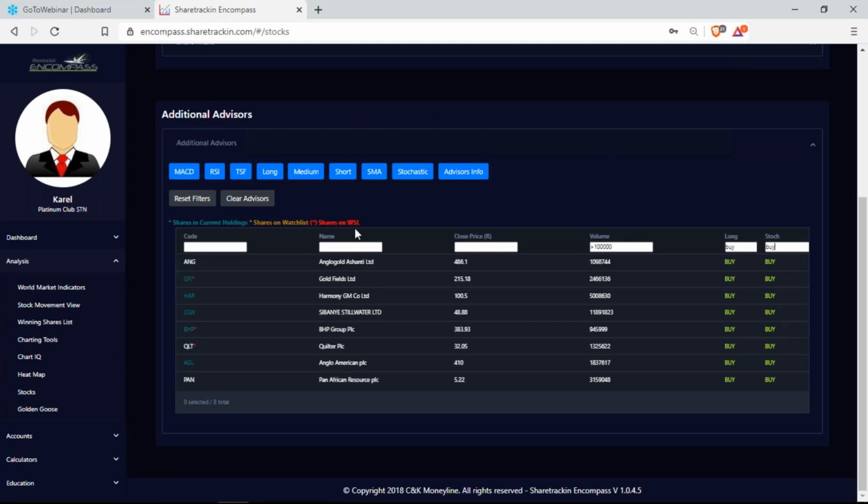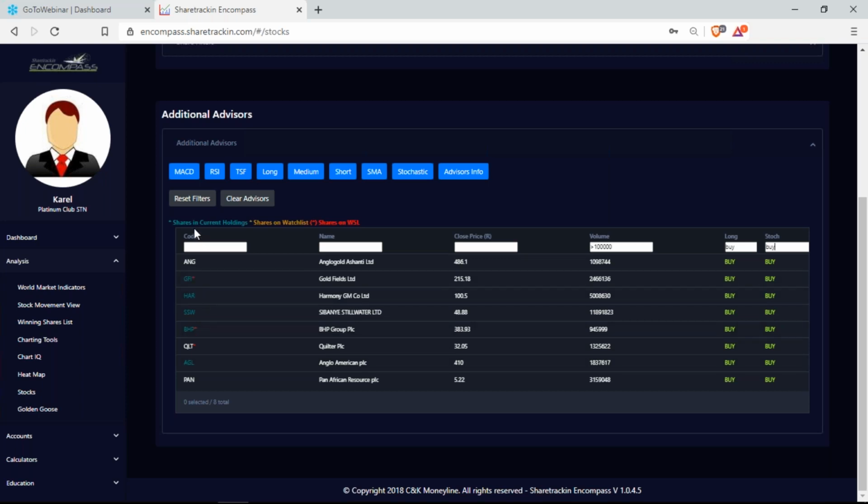Now I will see that I filtered through this list and I only have 8 shares now that I can view. You will note that GFI, HAR, SSW, BHP, and AGL is in a blue color.